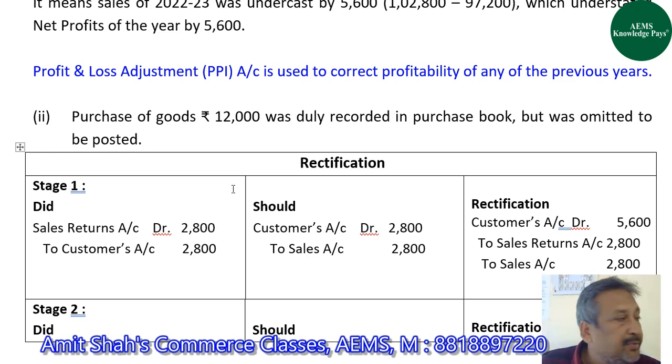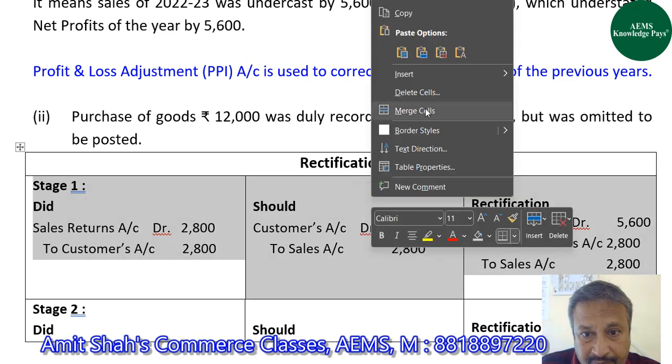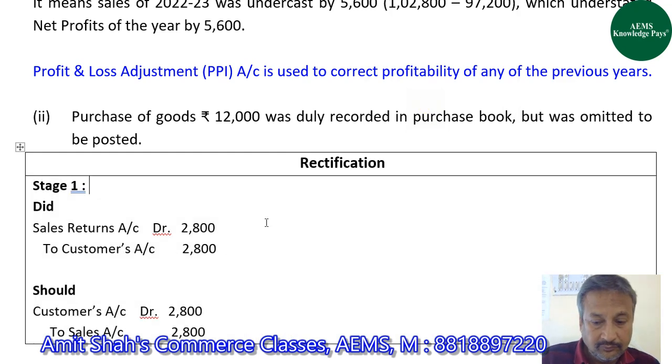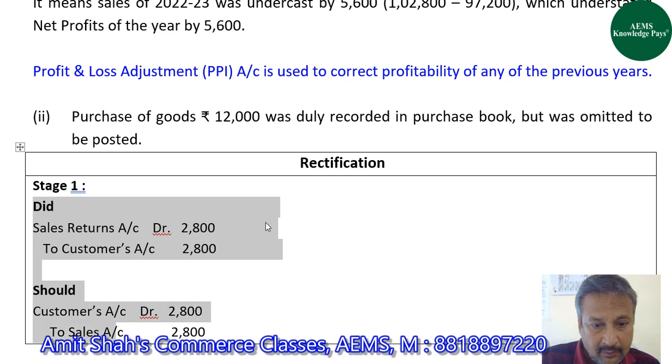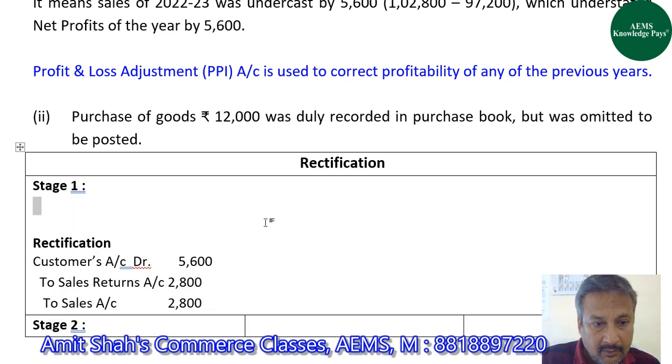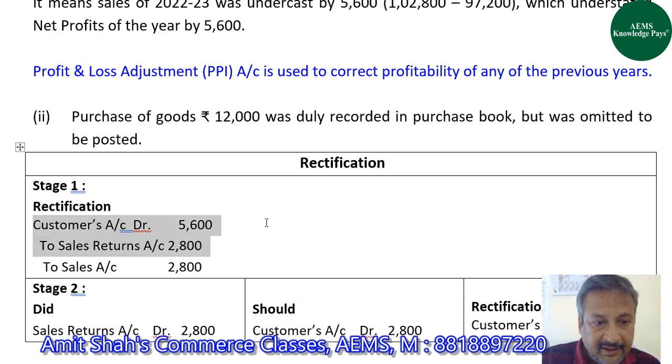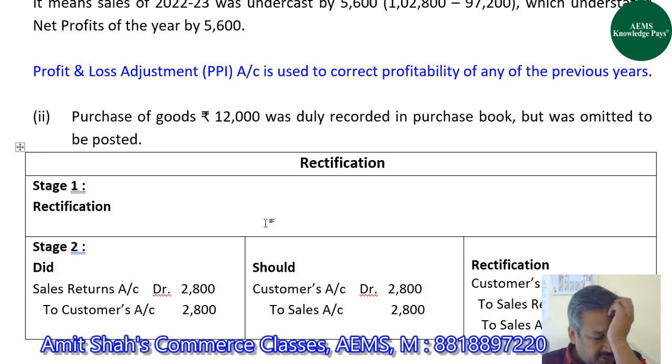If trial balance is not prepared, that is stage one, the case where trial balance is not prepared, what we will do is simply go to the supplier's account and on the credit side we will record that entry, because posting has not been done on the credit side of the supplier.